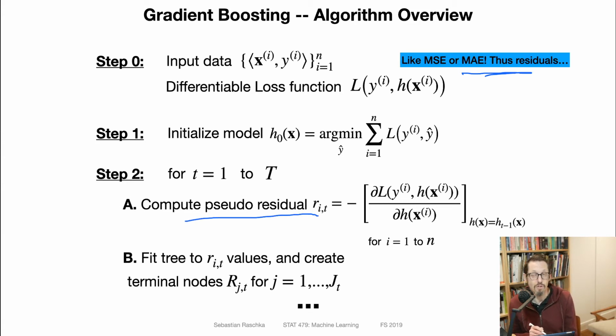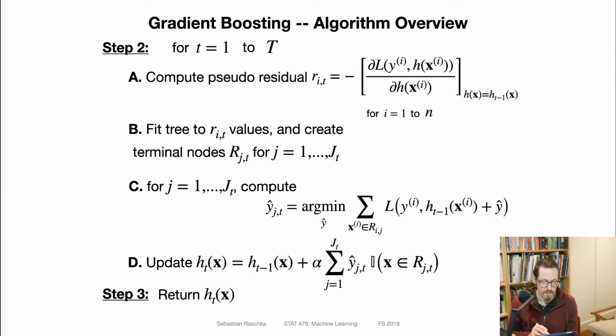So whatever the residual is from the last algorithm in the chain, we're trying to predict that. So we're going to fit a tree to the residual values and try to create terminal nodes on it. And then we're going to pick the output y that minimizes the loss function, the mean squared error, the average error.